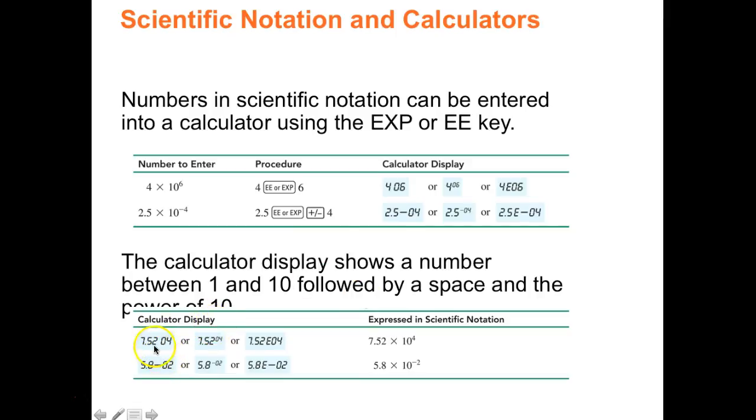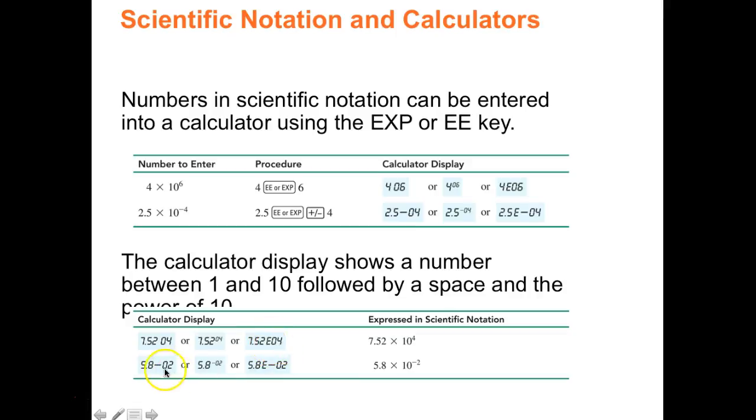So when you see a calculator display, how do you interpret that? All right. So when you see a display like this, 7.52, and then there's a space and the 04, that means it's 10 to the power of 4, positive 4. All right. Sometimes it will be written like this, or sometimes there'll be the E and the 04.